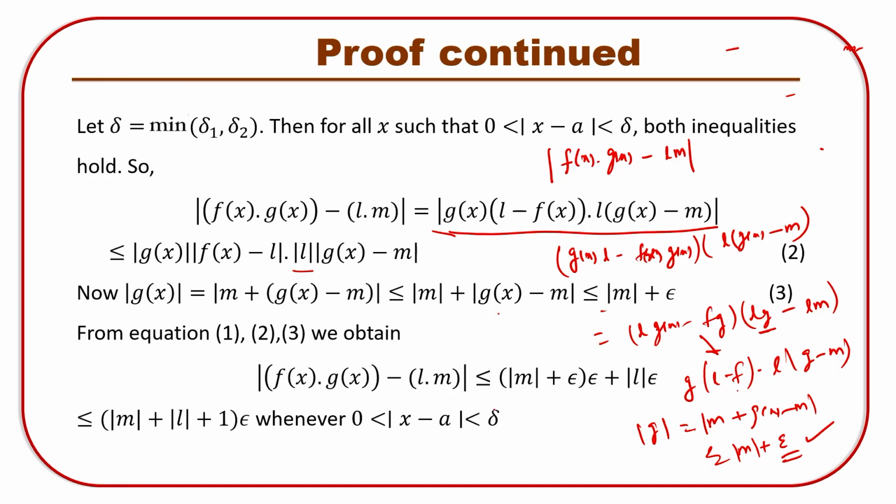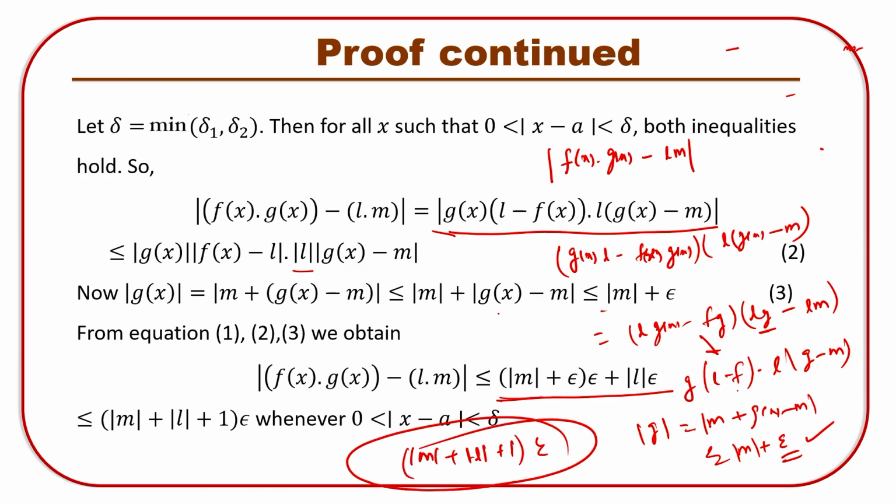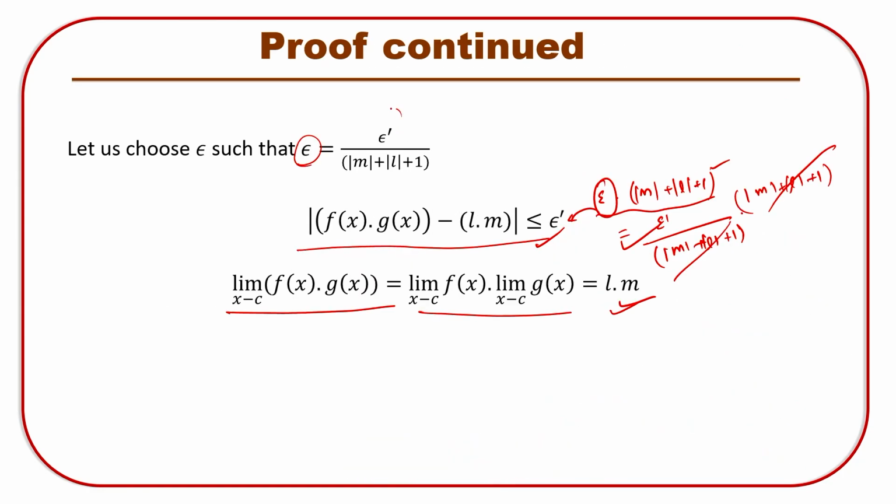Using this, a quantity comes out: modulus m plus epsilon plus modulus m. So this comes out to be modulus of m plus modulus of L plus 1, into epsilon. Now take epsilon dash in such a way that epsilon divided by this quantity comes out as epsilon dash. That is the idea. So thank you so much.